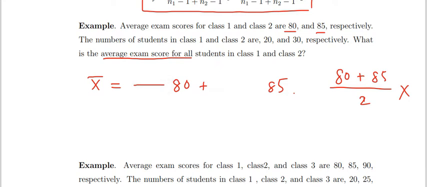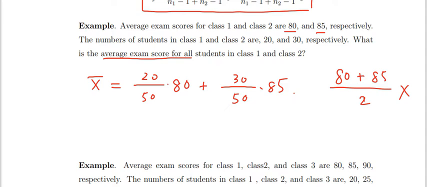So if class 1 has 20 students and class 2 has 30 students, then we multiply like this, and the total weight is 50. This total weight 50 is the total number of students for these two classes, right?